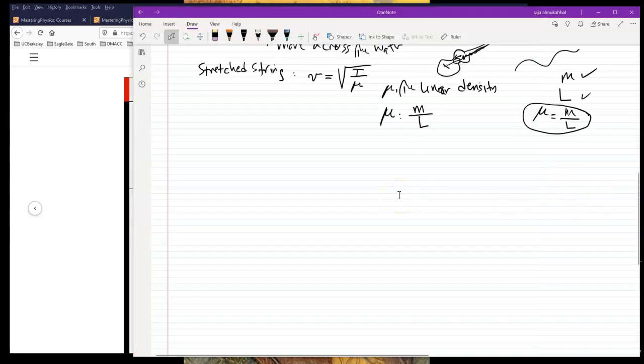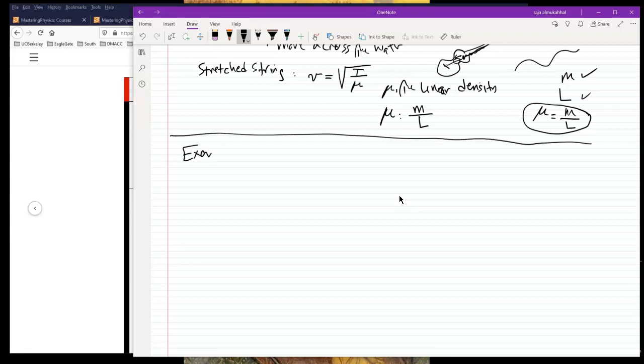So what I have in here is something like that. Here is say a wall, here's the table, and then I have here the pulley, and here's the string right here, and it's vibrating.